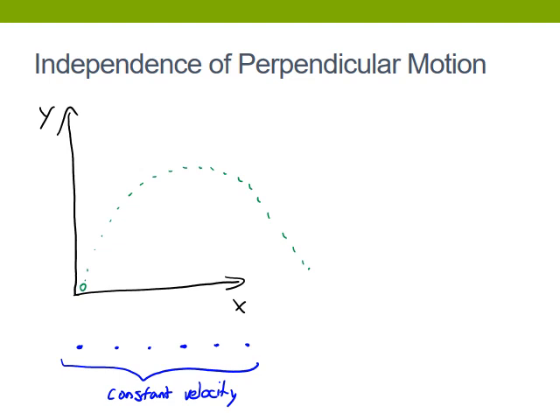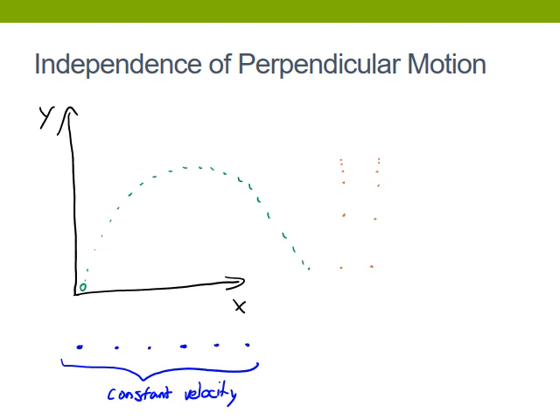Whereas in the vertical direction, so in my y direction, what I would see is a motion diagram that looks something like this. At least that's what it would look like going up. Going down, of course, it ends up looking like that.